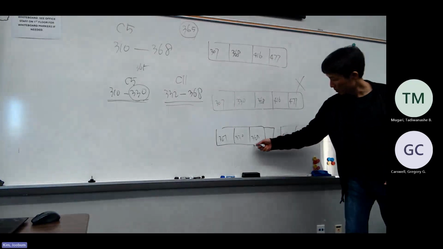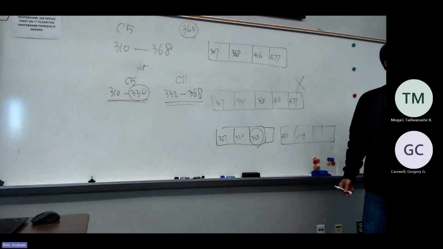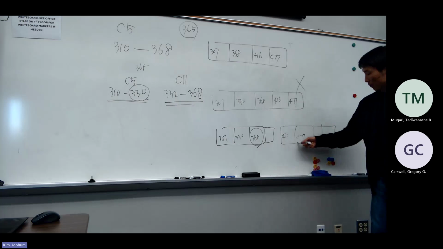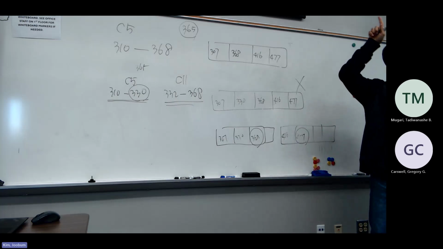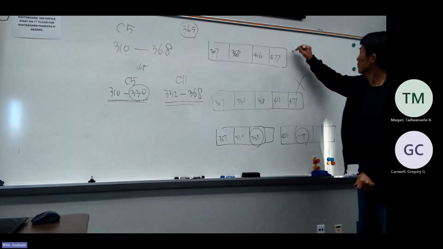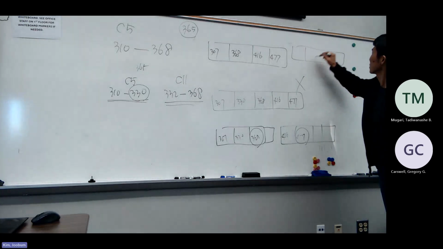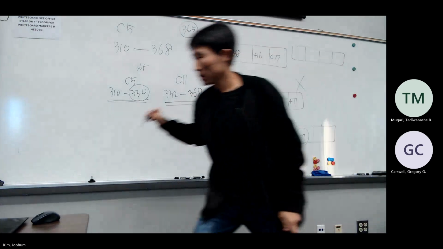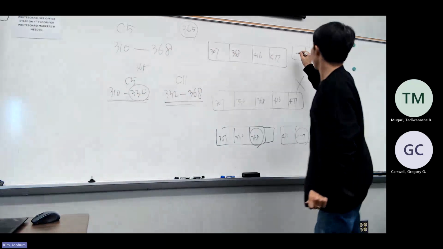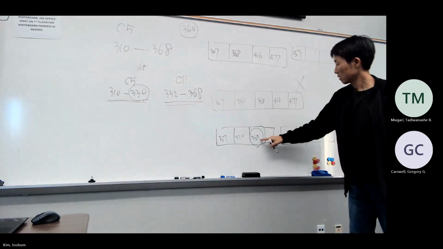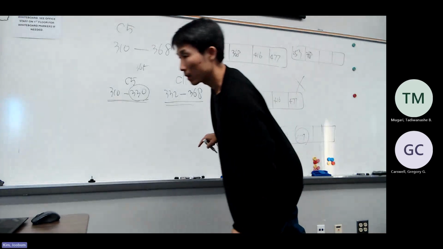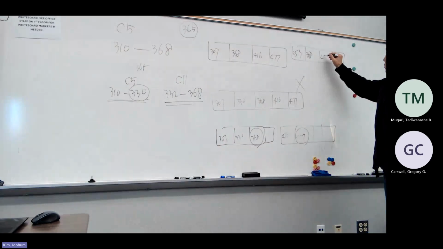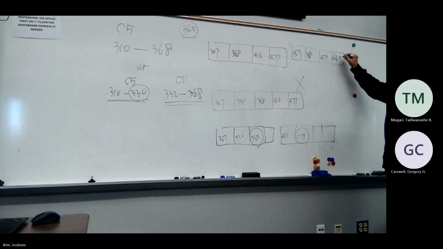So the maximum salesperson IDs, 368 and 477, should be inserted into the root. So the root should be changed to 253, 368, and 477, like this.